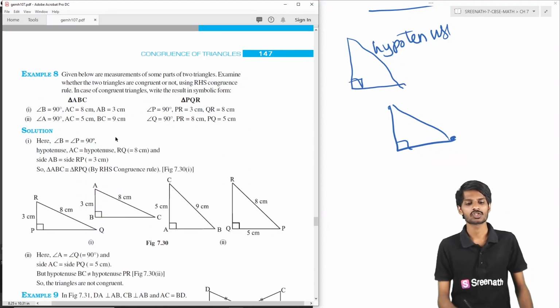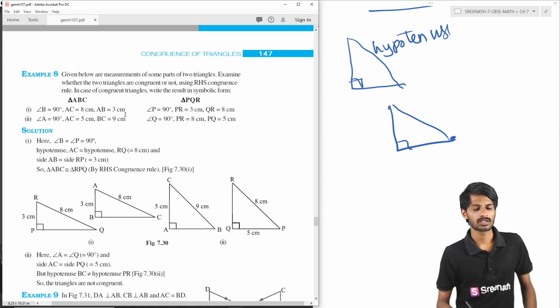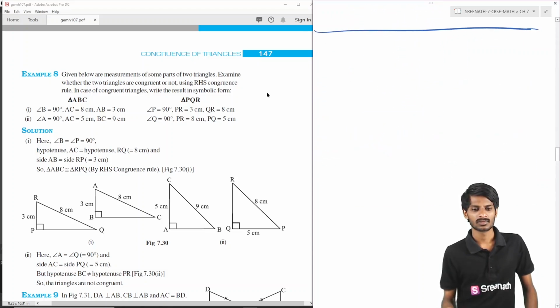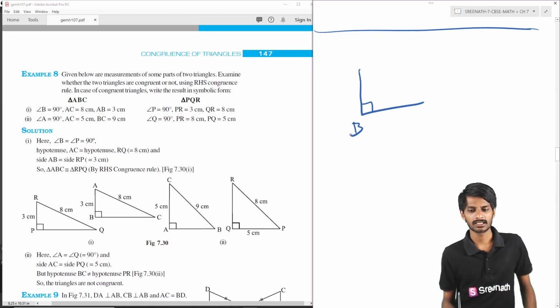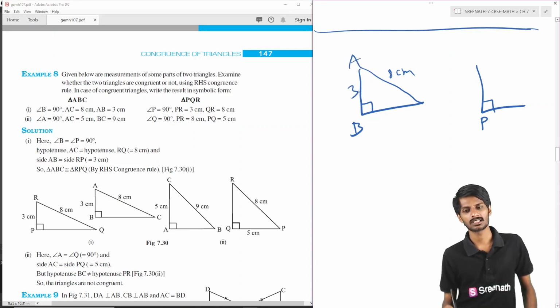So given below are measurements of some parts of two triangles. Examine whether the two triangles are congruent, using RHS. So this is triangle ABC and triangle PQR, students. Angle B is 90 degrees here, and angle P is 90 degrees here. Next, AC is 8 centimeters and AB is 3 centimeters.